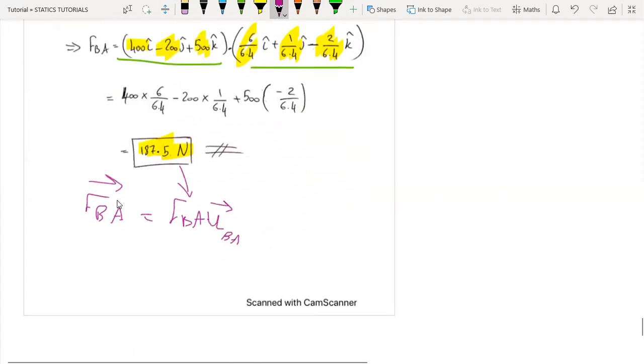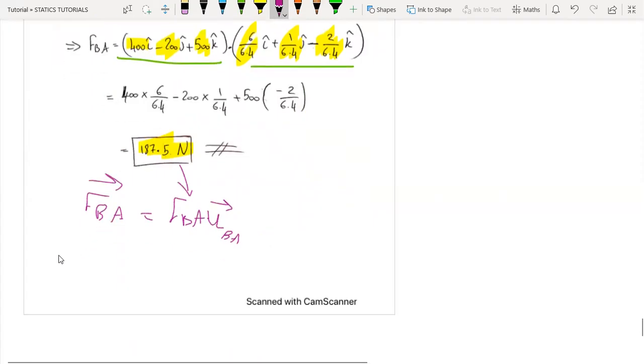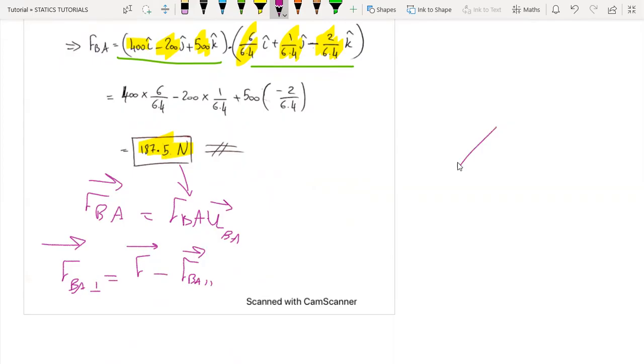What if they are asking us to find the component which is perpendicular? We'll say FBA perpendicular, because here we are dealing with Cartesian vector notation. So FBA perpendicular equals F, which is given in the problem, minus FBA, the projected component along BA, which is the parallel component.